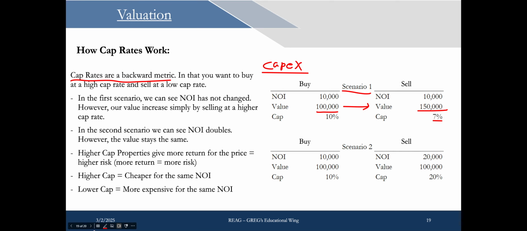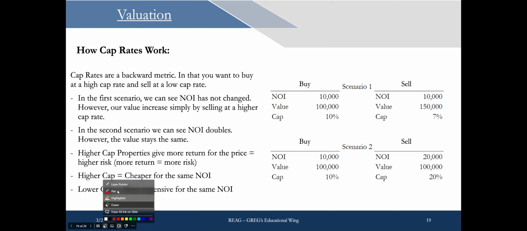So let's look at the second example. I'll just go ahead and erase everything. Okay. Second scenario, I have an NOI of $10,000, and by the time I sell, it has doubled. I did a great job renovating it, raising the rents as well. Maybe I decreased the operating expenses, whatever.